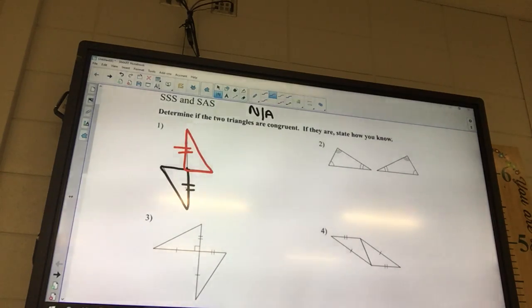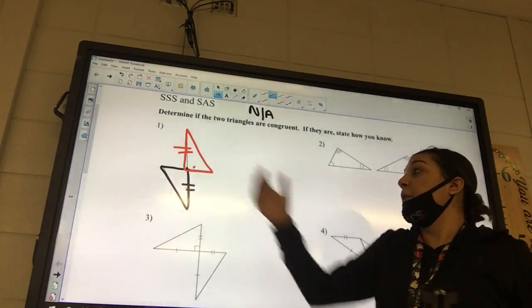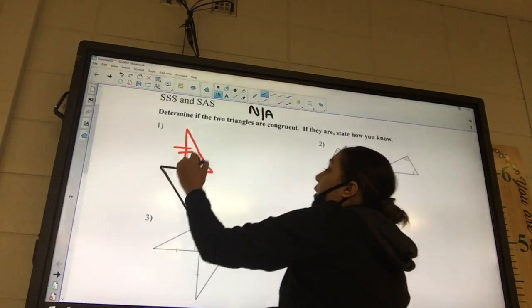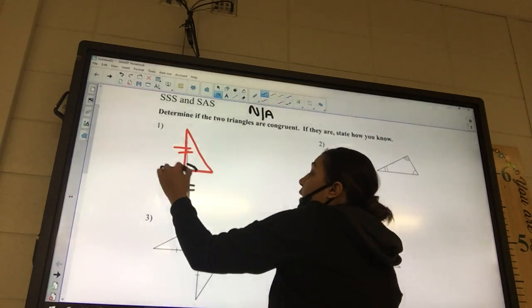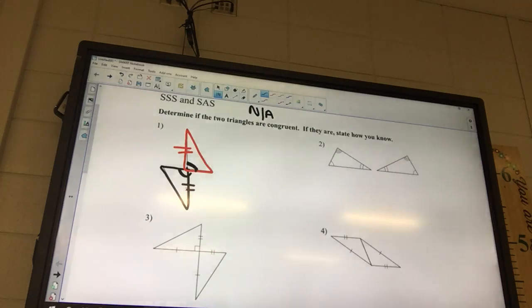Only one side is technically marked. Do we know any of the angles? We know one. What kind of angles are these? Vertical. They're equal and opposite. So you could fairly mark this angle as congruent with this angle. Okay, so can you mark another side or another angle?